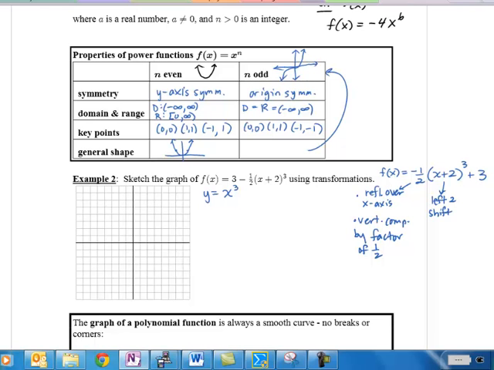Remember, the cube is the thing that's giving me my shape, and then the plus 3 on the outside is going to be an up 3 shift.